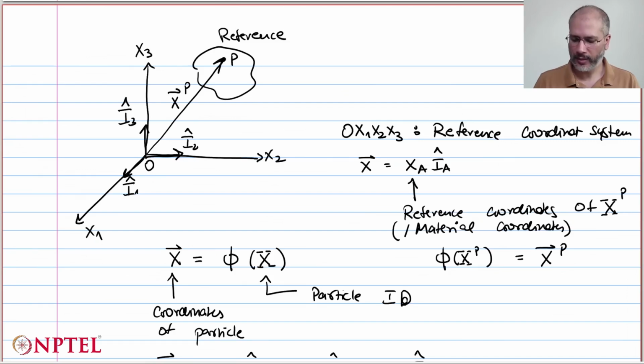We'll simply say that capital X, which is a position vector of some point in the body in the reference configuration, is written as X_A times I_A hat.